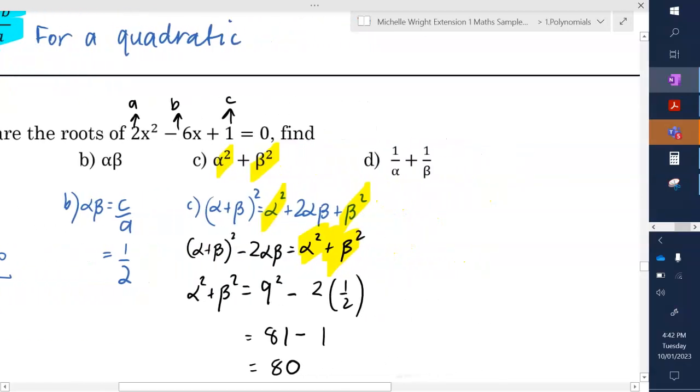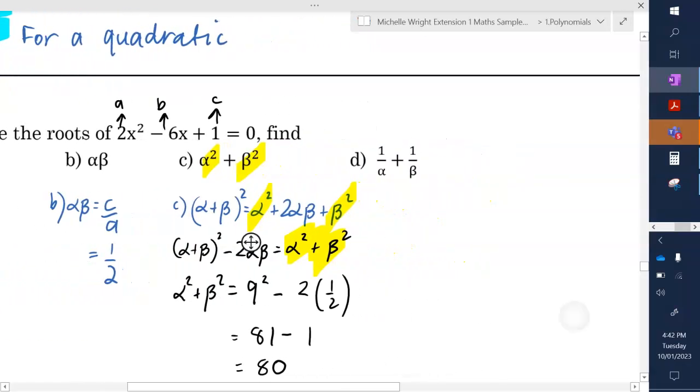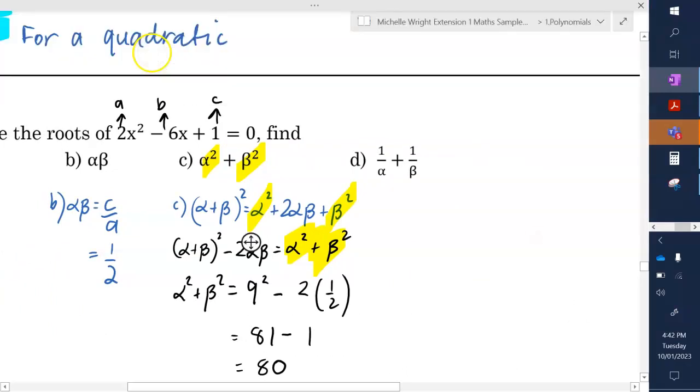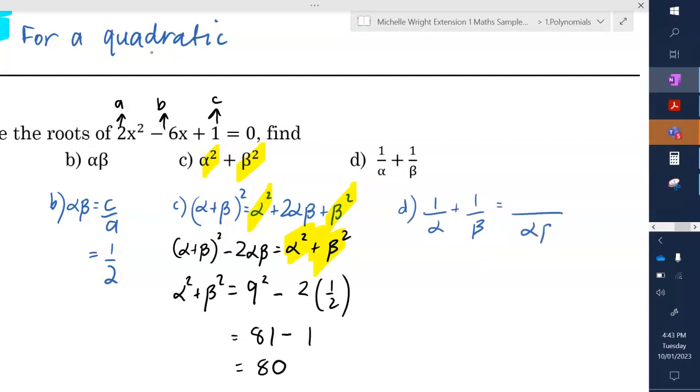Likewise, let's look at D. We don't have anything at this point that is going to help us for D. We don't have a 1 over alpha or a 1 over beta, but we need to work with it and see what we can do to make something into some workable roots. What I'm going to do is pop both of these over alpha beta.